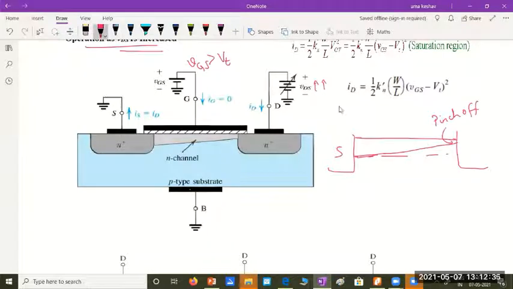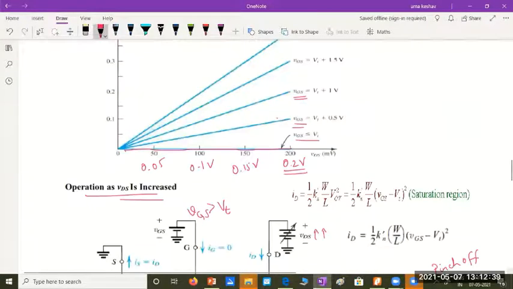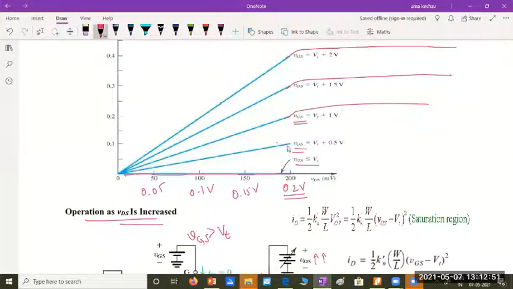Yes, it reaches saturation. The drain current which has reached some level will remain almost constant. After that, there won't be much change. Why? Because of that pinch off happening.